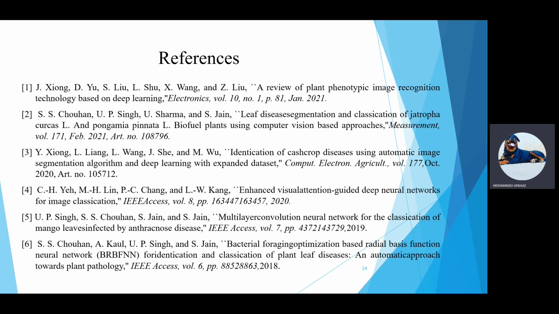The next reference I have prepared is identification of cash crop diseases using automatic image segmentation algorithm and deep learning with expanded dataset, which was published in 2020, developed by M. View and L. Wang.